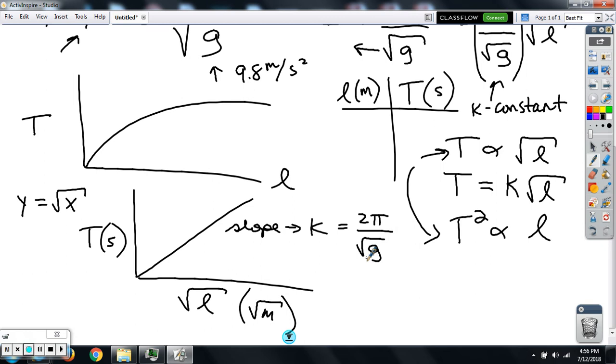Now, I told you last year that I hate using square roots on my graph. This would be an exception because of the way we put it together. Things make sense, but we could get rid of the square roots, but your k would be different. What the slope would tell you is not this quantity here.